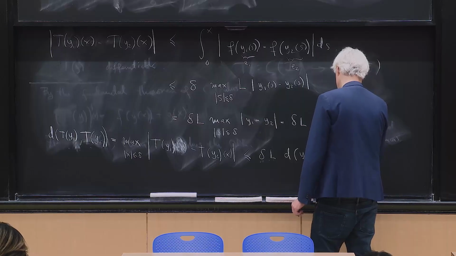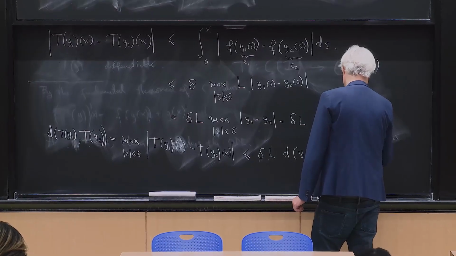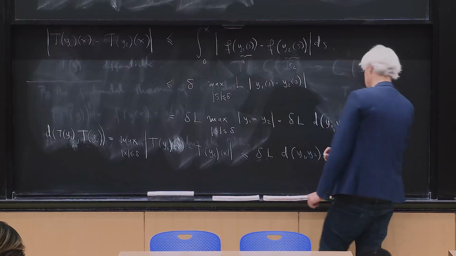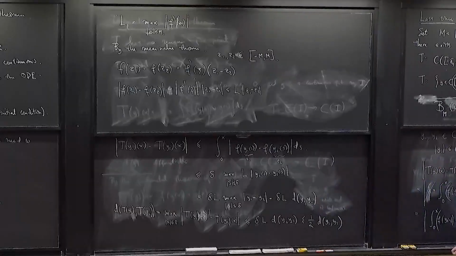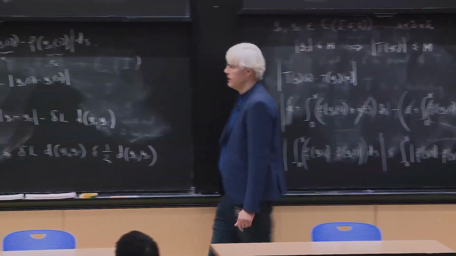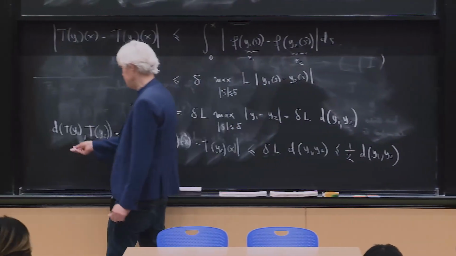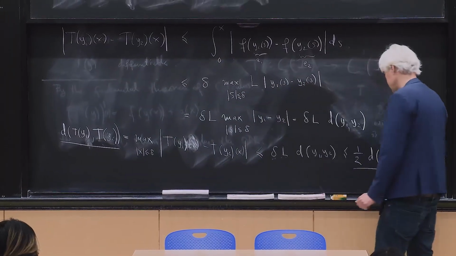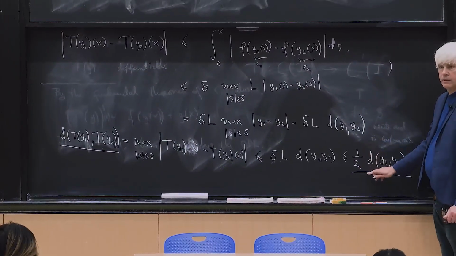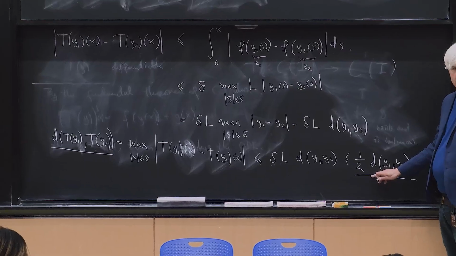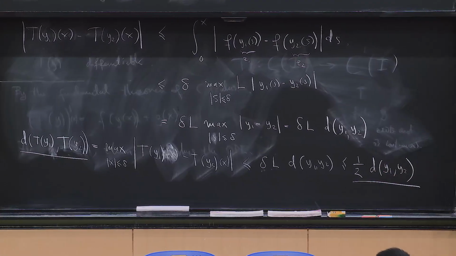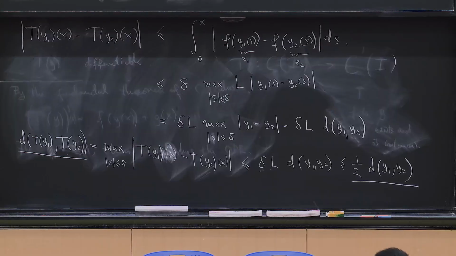So this is less or equal to a half. And so this is exactly what it means to be a contracting mapping. In fact, it's a contracting mapping where the constant is not just strictly less than 1, but it's actually a half. So it's a contracting map.